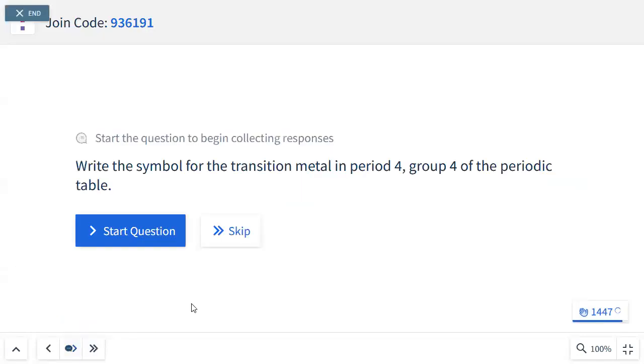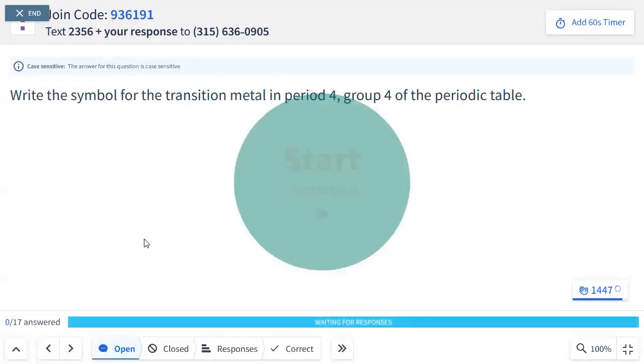All right, let's try another one. Write the symbol for the transition metal in period 4, group 4. And go.